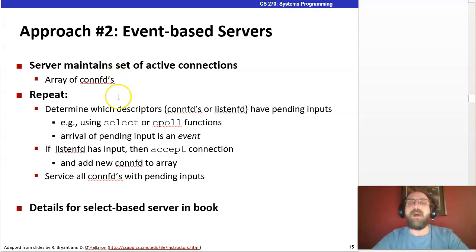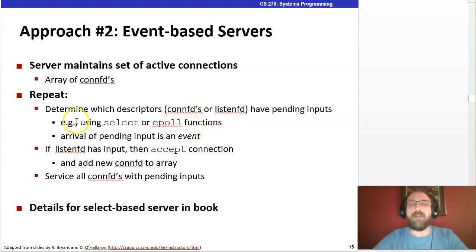So in a loop, this process is going to use select or epoll, so one of these functions to do input-output multiplexing, to wait for one of the file descriptors to have something happen. Either a connection attempt coming in on the listening file descriptor, or a client wrote something to us on a connected file descriptor.